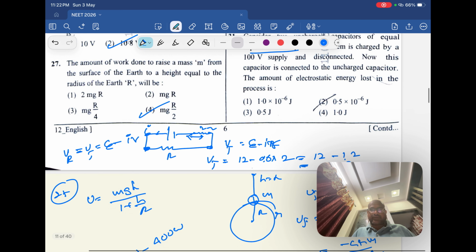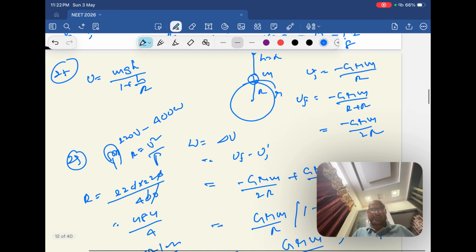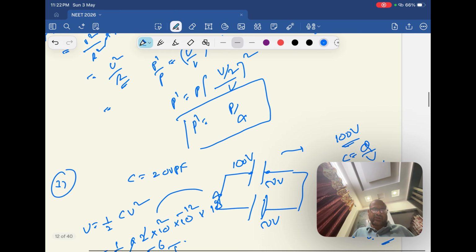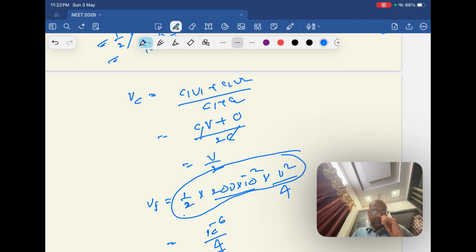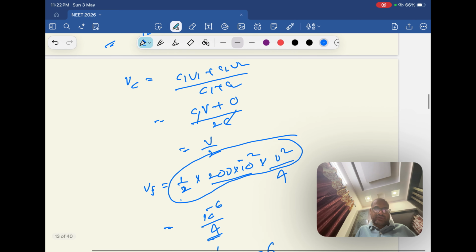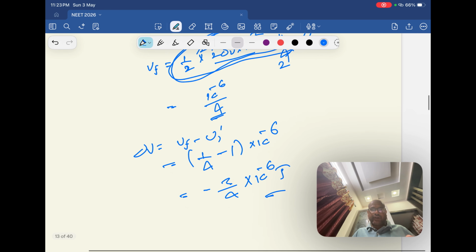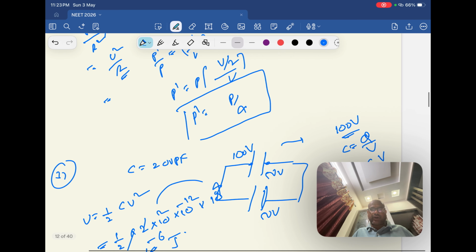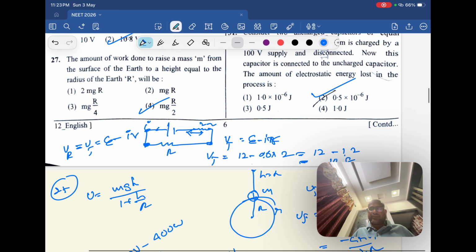Initial is half C V square; finally it is half C V square by 4, since V becomes V by 2, and the capacitance in parallel is 2C. So half C V square by 2 means half is lost. Then the answer is 0.5 into 10 power minus 6.